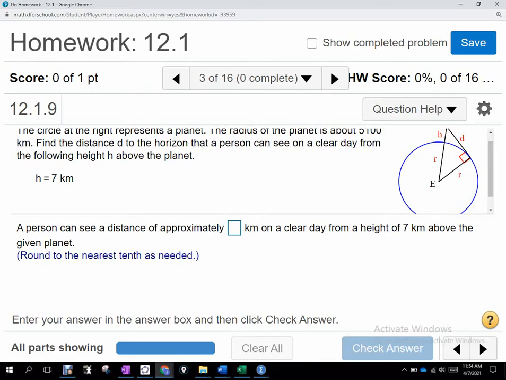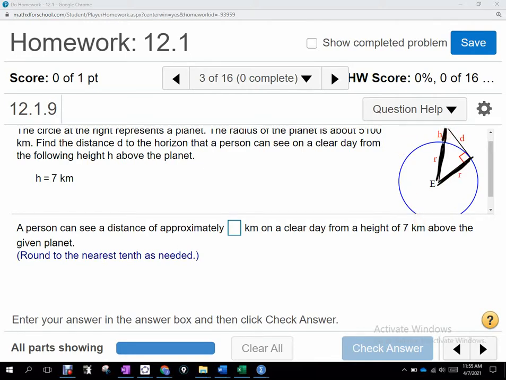When they ask us to find that, once we put all the values in the right spots, it turns out to be a very similar question to what we saw yesterday in the notes. They tell us that the radius of the planet is 5,100. So this distance right there is 5,100. That distance there is also 5,100.